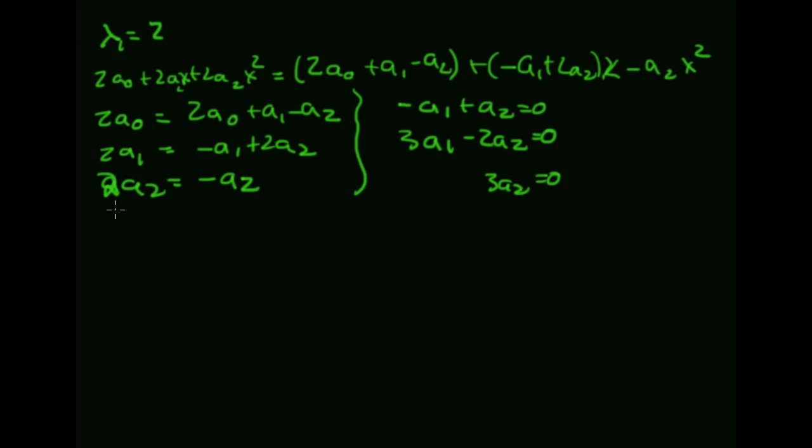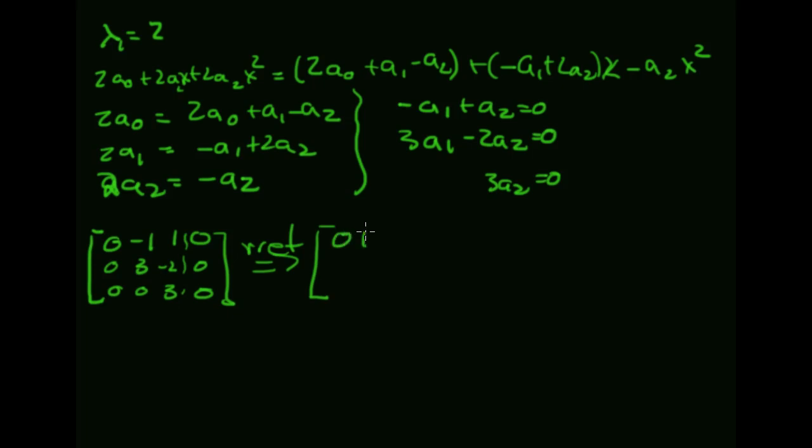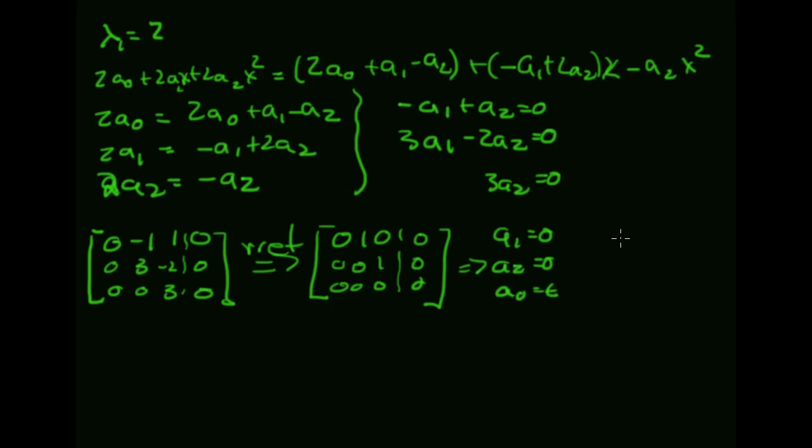Okay, so this is going to give me the augmented matrix 0, negative 1, 1, 0; 0, 3, negative 2, 0; 0, 0, 3, 0, which when I run that through Gauss-Jordan gives me 0, 1, 0, 0; 0, 0, 1, 0; 0, 0, 0, 0, which tells me that a1 has to be 0, a2 has to be 0, and a0 is a free variable.